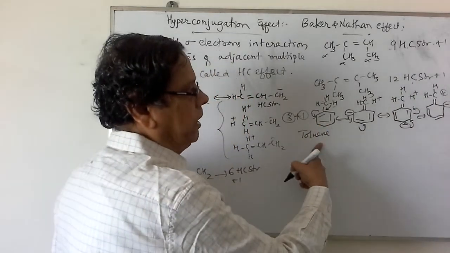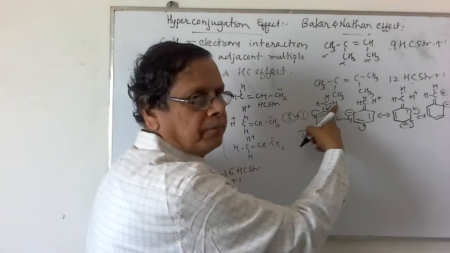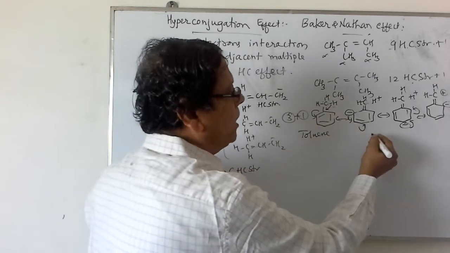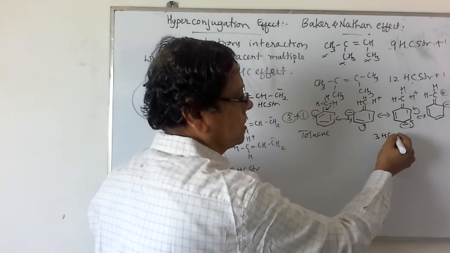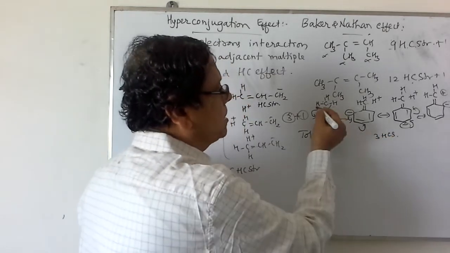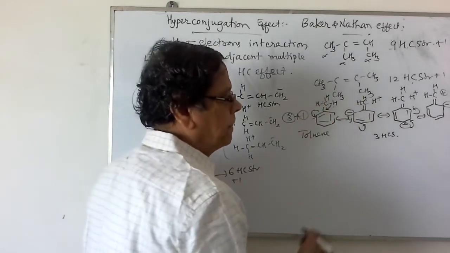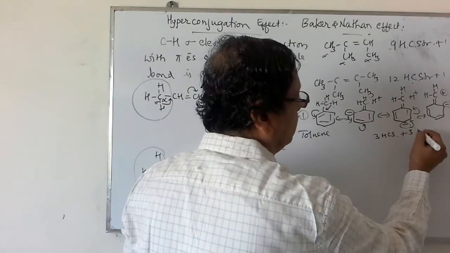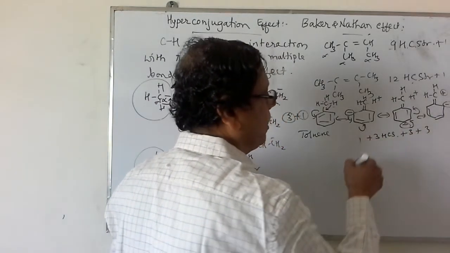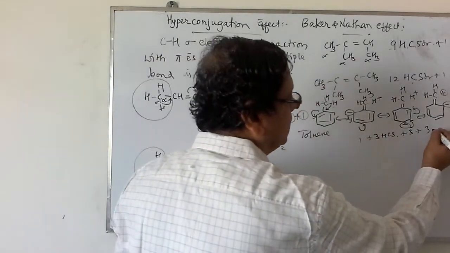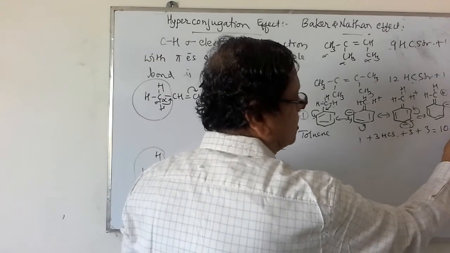In case of the toluene, for one alpha carbon hydrogen sigma electrons, we have these 3 hyperconjugation structures. But because of the 2 more hydrogen alpha carbon atoms, we have plus 3 plus 3 plus the original 1. Totally we have 1 plus 9, that is equal to 10 structures.